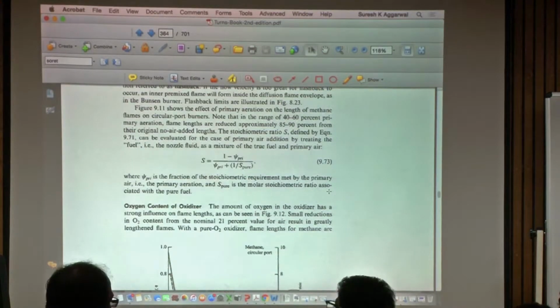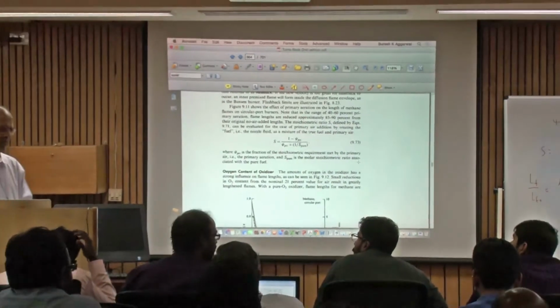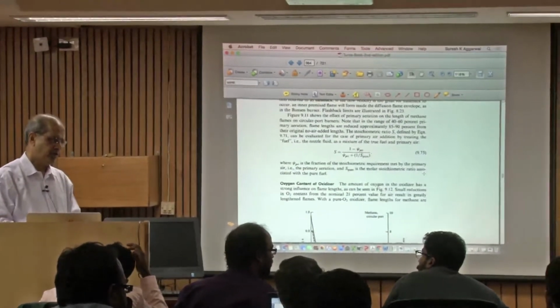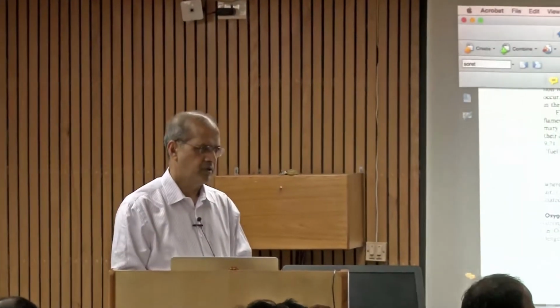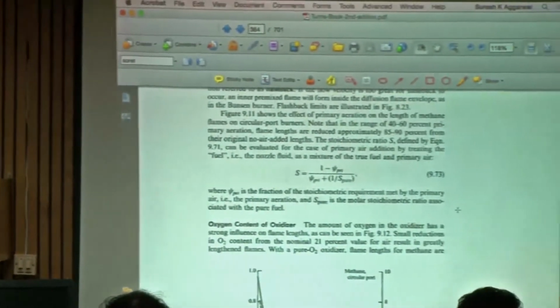There are ways you can add air and still keep the flame temperature the same, but you can still change the flame length, because it is more based on the stoichiometry than the flame temperature. The flame temperature will have a secondary effect also. Let's write down this expression so we can double check what's wrong with that.